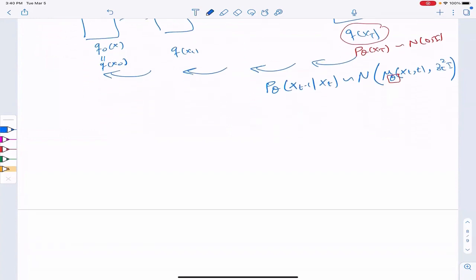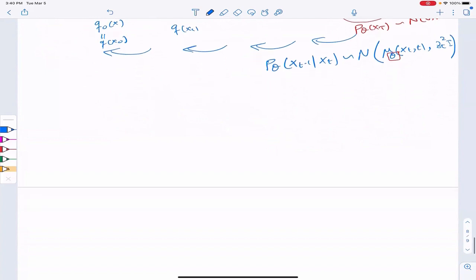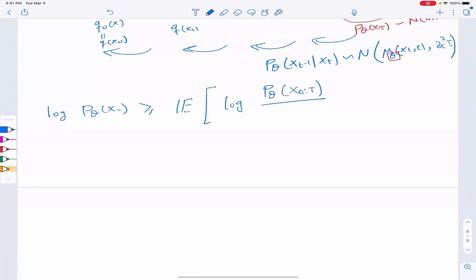Okay, so last time we discussed that likelihood computation is challenging with this particular probability model. Therefore, we used a variational lower bound on the log likelihood function. In particular, the lower bound that we computed was in this form: log of the probability of x0 was greater or equal to the expectation of log of p_theta(x_{0:T}) divided by q(x_{1:T} given x0).